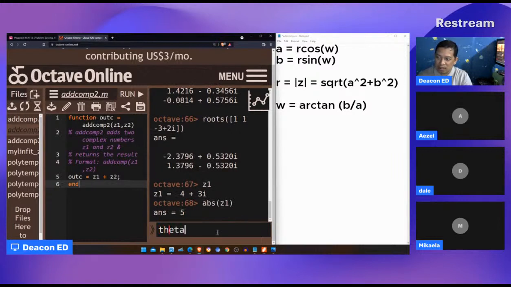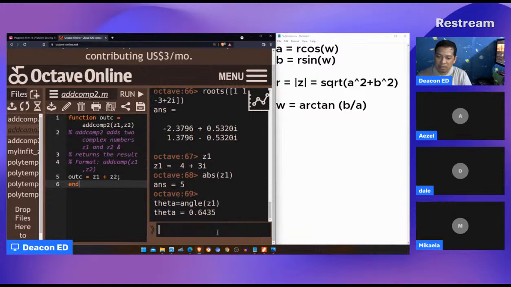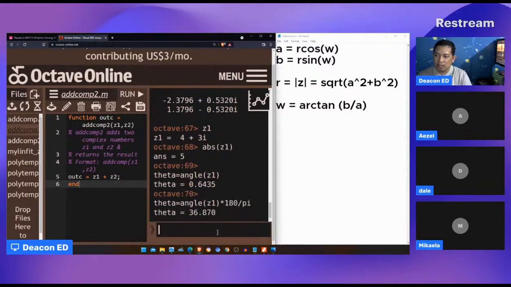The theta is equal to the angle, or the argument, ARG, yung kanina natin. We already solved this. We could convert this to its degrees, so times 180 divided by pi. So that's approximately equal to 36.87 degrees.